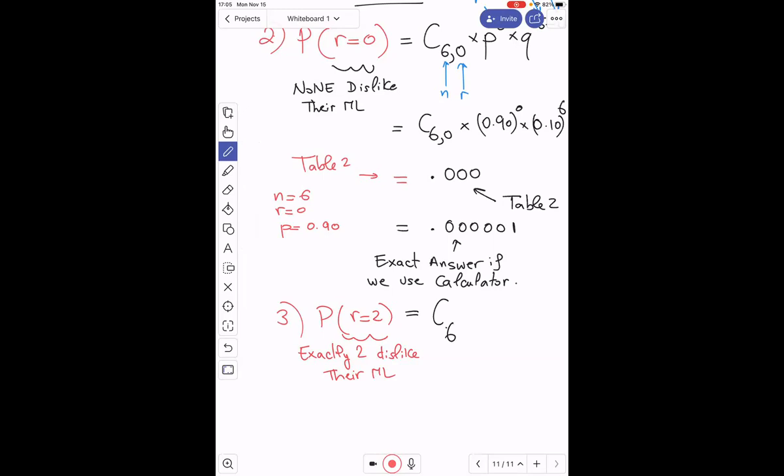So 6 choose 2 because our R is 2 in this case, right? Times P to the power R, that's 2, times Q to the power N minus R. So that's 6 minus 2, right? So that would be 6 choose 2 times P squared, P is 0.9 or 90%, squared, times Q, which is 0.1 to the power 4.